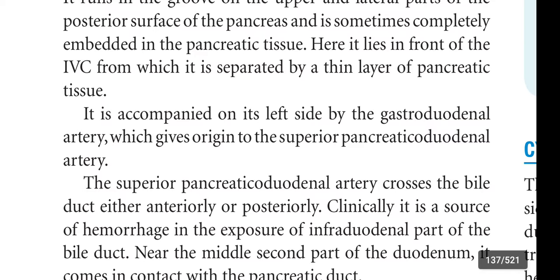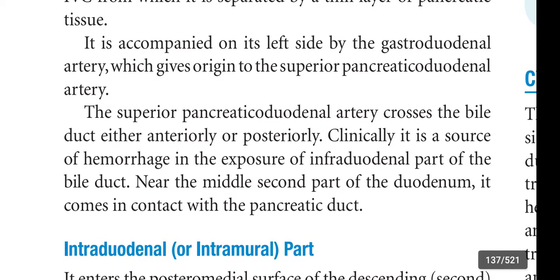The superior pancreaticoduodenal artery crosses the bile duct either anteriorly or posteriorly. Clinically, it is a source of hemorrhage in the exposure of the infraduodenal part of the bile duct near the medial second part of the duodenum. It comes in contact with the hepatic duct.